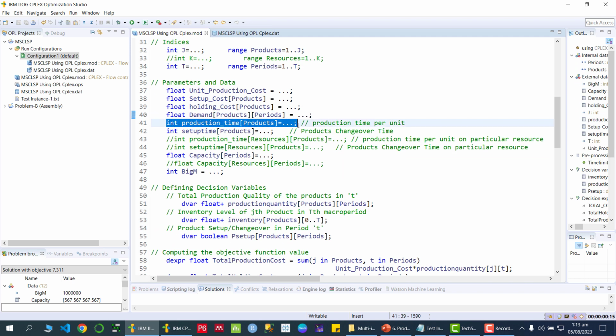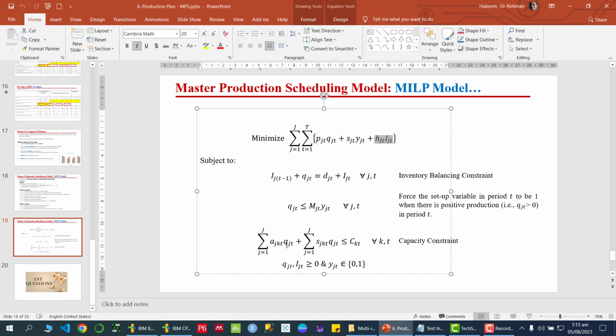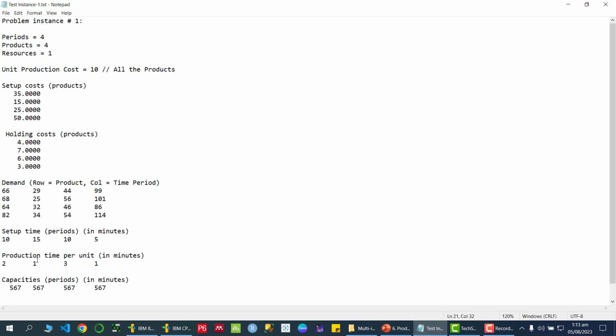Next, we are mentioning the production time, which means we are talking about this a_jkt. Because K is 1, there is no need to mention the K, so a_jt. If we can see over here, they are saying that whatever the time is, every time we are producing a particular product, that is the difference. So only against a particular product.